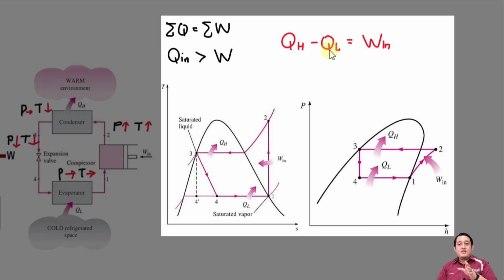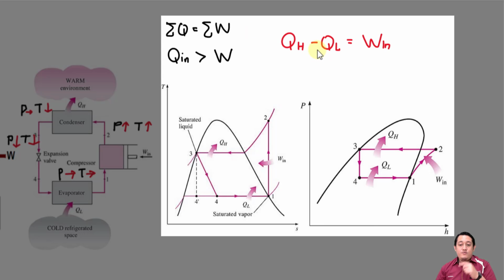So if we see this equation here, the total of heat is equal to the total of work, which supports the first law of thermodynamics.